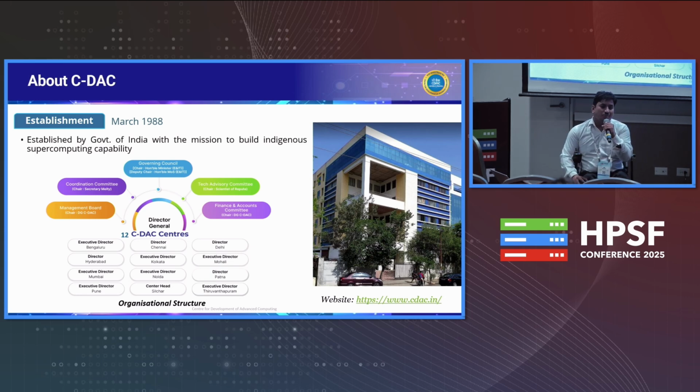We have a user community of more than 20,000 users, which actually uses our deployed systems. And from the establishment until now, India has been running many mission mode programs.